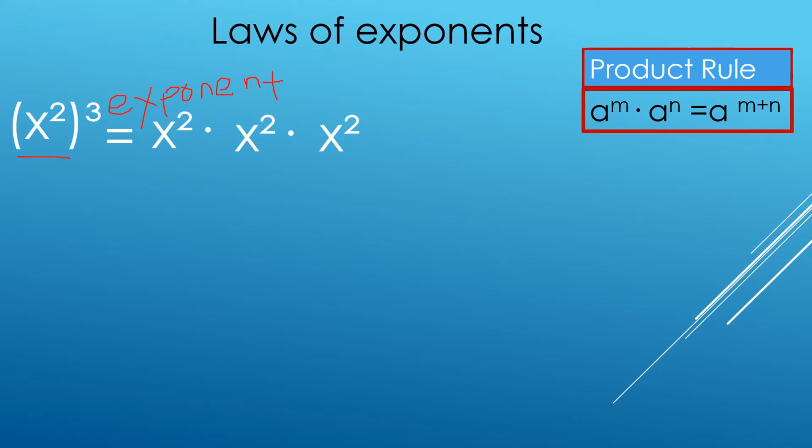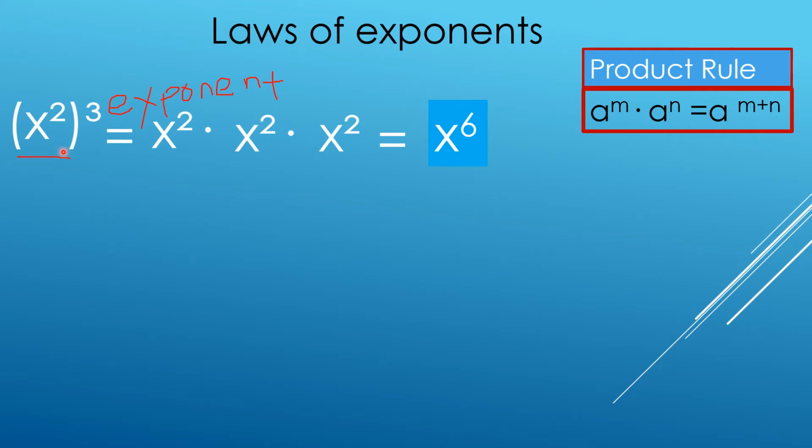Applying the product rule, if we are multiplying the same base, we just copy the base and add the exponents. So copy x, and 2 plus 2 plus 2 is equal to 6. So x to the sixth power.